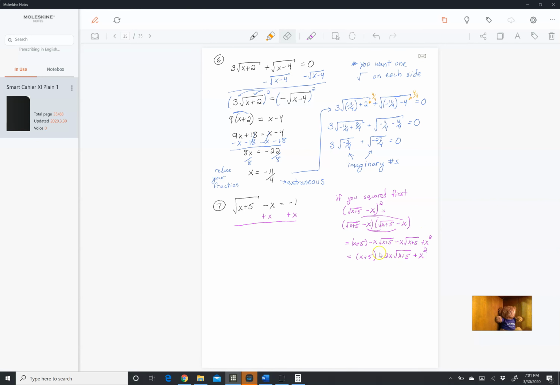So this just makes our life much harder, which is why we want to isolate the radical first. It's not that you can't solve this. In fact, the way that you would solve it is you would isolate the radical and then square. So you would have to do it eventually anyway.